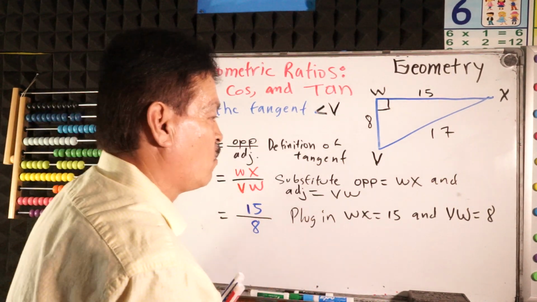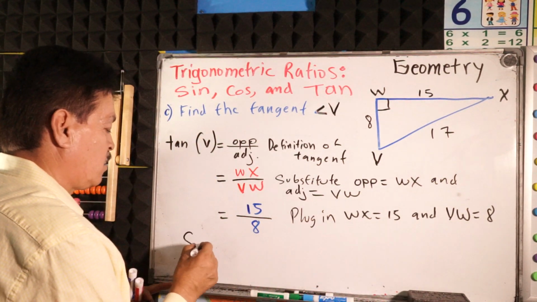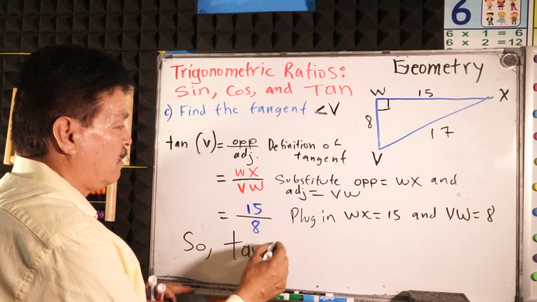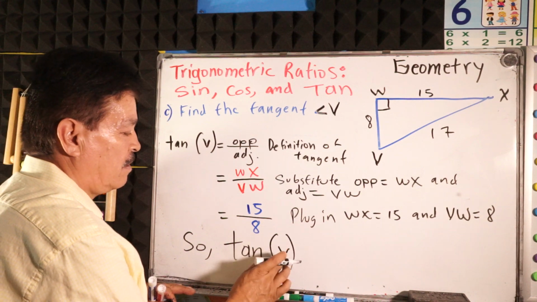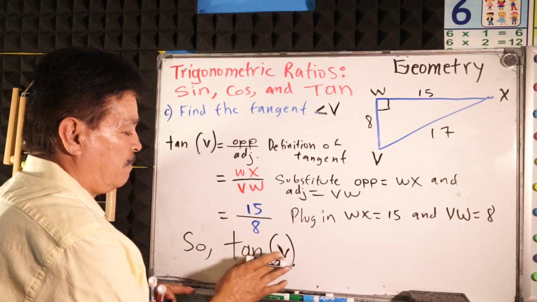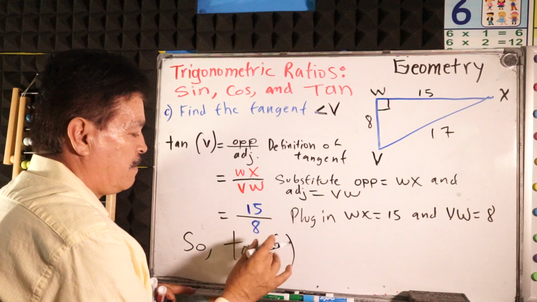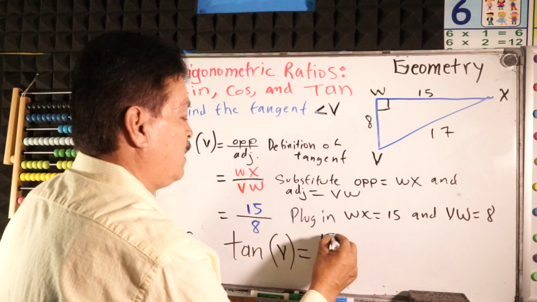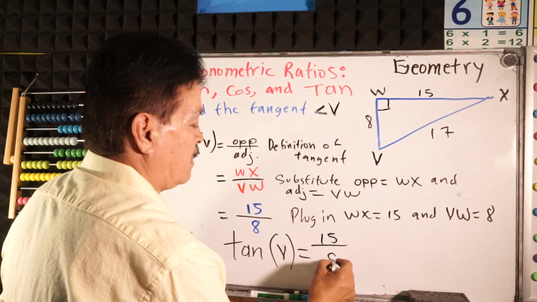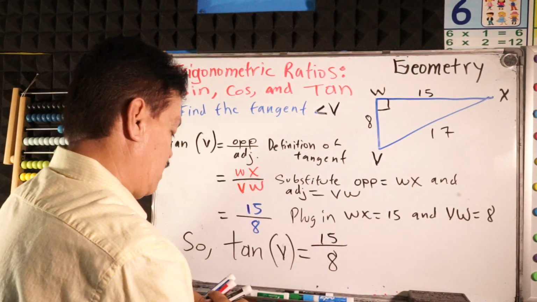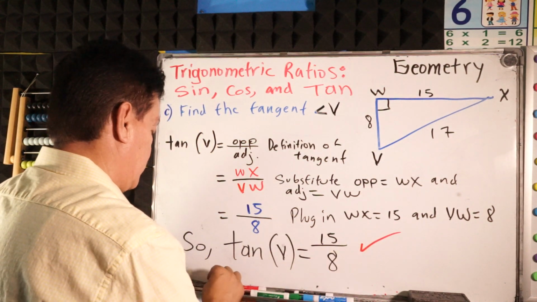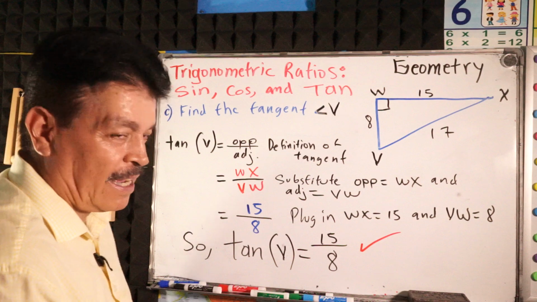So our conclusion for our class today is that tan of angle B or UV equals 15 divided by 8, which is 1.875. This is our conclusion for our geometry class for high school.